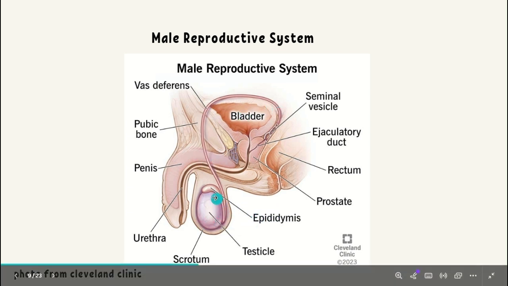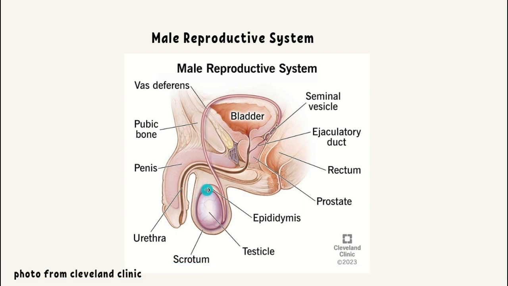So this is the epididymis. What the vas deferens does is carry sperm from the epididymis to the seminal vesicles. Look at it, it's carrying the sperm from here to the seminal vesicles.